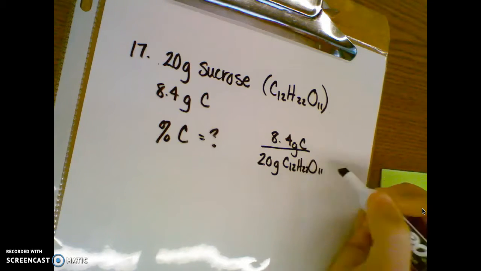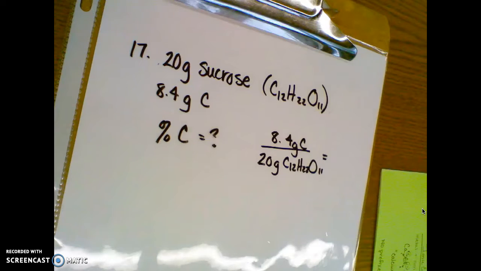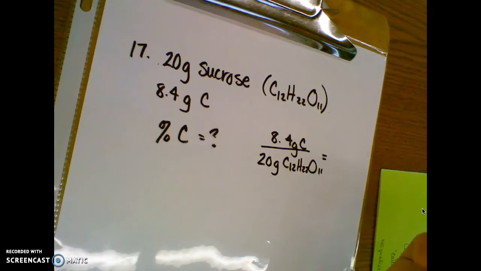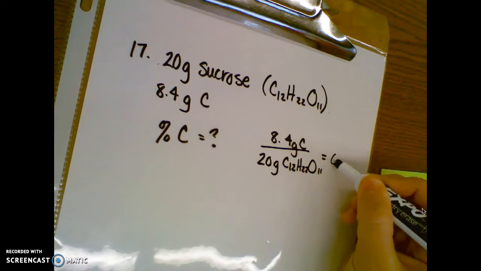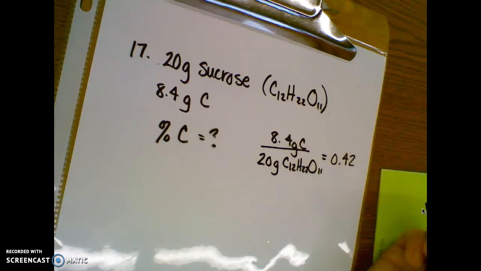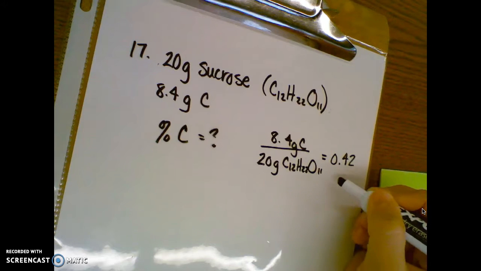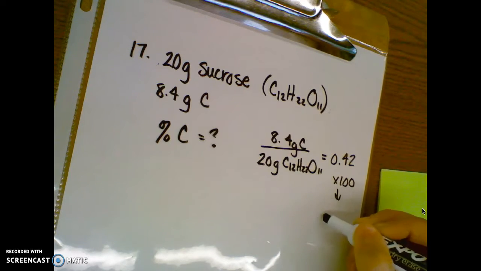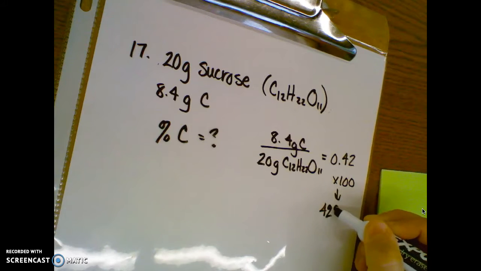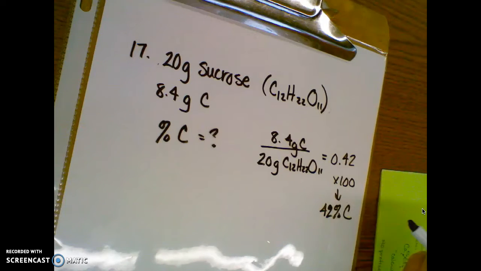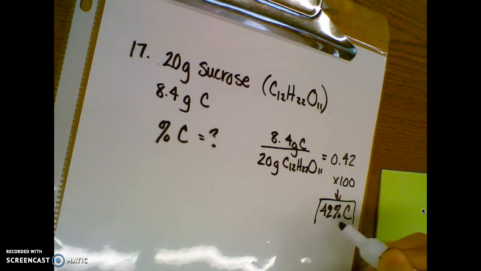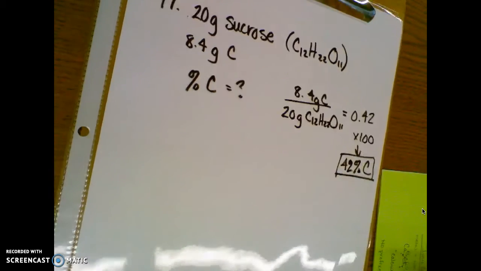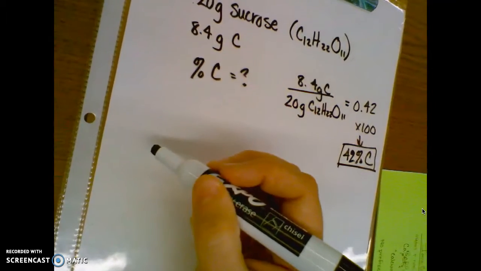So 8.4 divided by 20, and you could just put that into your calculator, and we get 0.42, and if we multiply by 100, then we can turn that into a percentage, so it would be 42% carbon. So that's how we find the percentage of carbon.